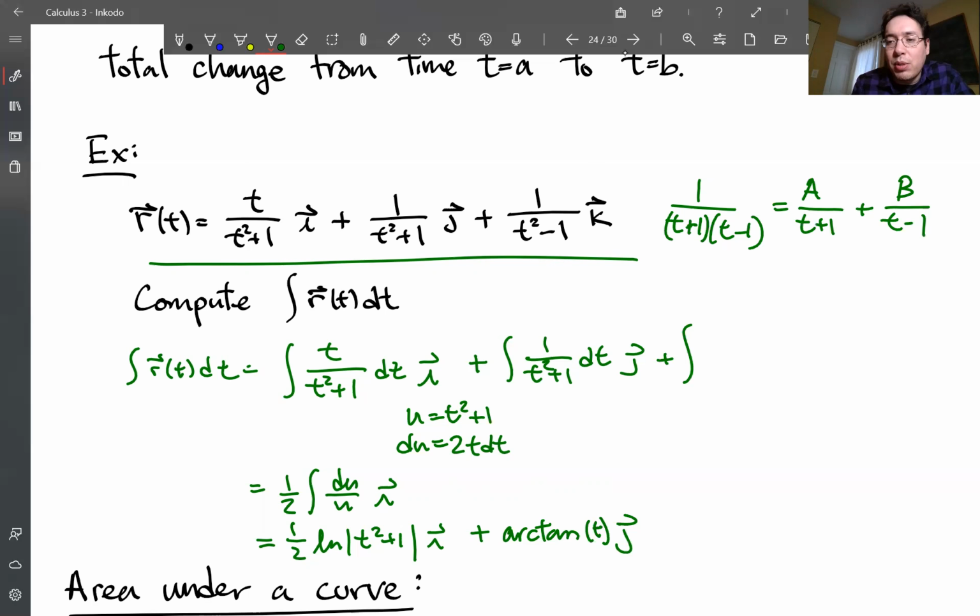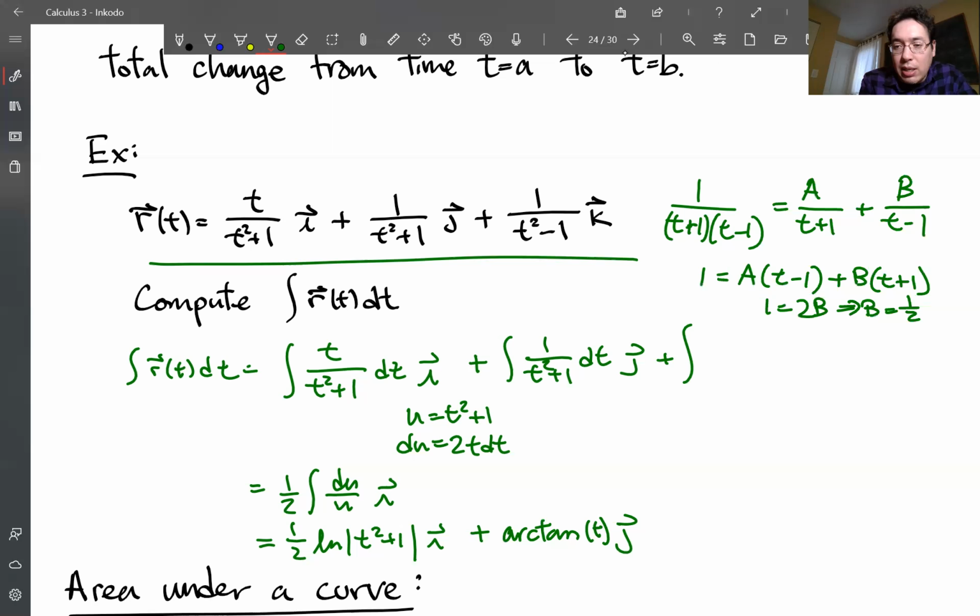If I multiply both sides of the equation by t plus 1 times t minus 1, I get 1 is equal to a times t minus 1, since the t plus 1 cancels with the t plus 1 there, and b times t plus 1, and the t minus 1 cancels out with the fraction there. And this is supposed to be true for any t whatsoever. So if I plug in t equals 1 here, I get 1 is equal to 0 times a plus 2b, which means b is equal to 1/2.